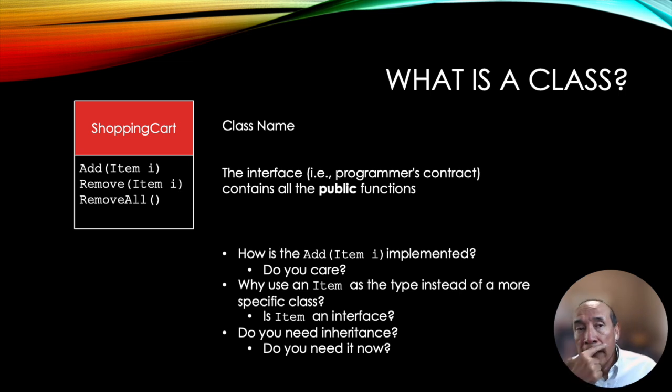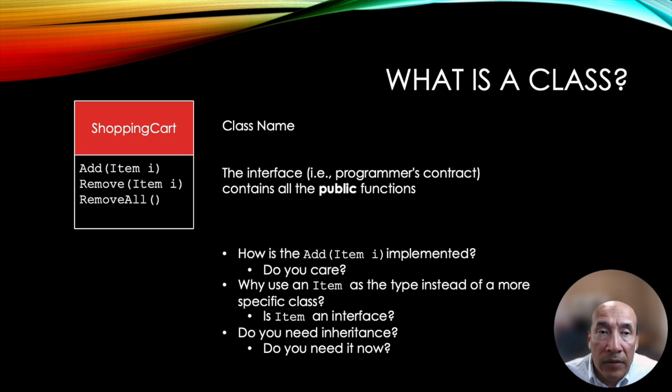Here's what I do want you to look at. Why am I adding an item? Why am I removing an item? Why am I not adding, like, a bag of groceries? Because if I had to do an add method for everything in Amazon, that would be infinite. But I certainly can add items to my shopping cart.